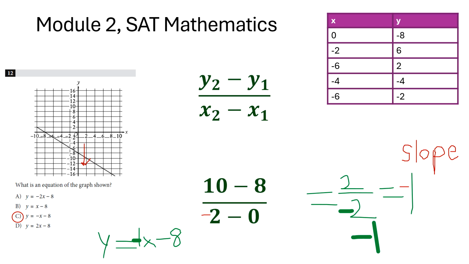So your slope is -1. Which one over here is -1? The only other one is -2, and it wants you to get messed up. So this is now -1x minus 8. Okay, because all the rest of them are -8, so all you had to do was figure out the value, and you did that by going y2 minus y1, x2 minus x1.